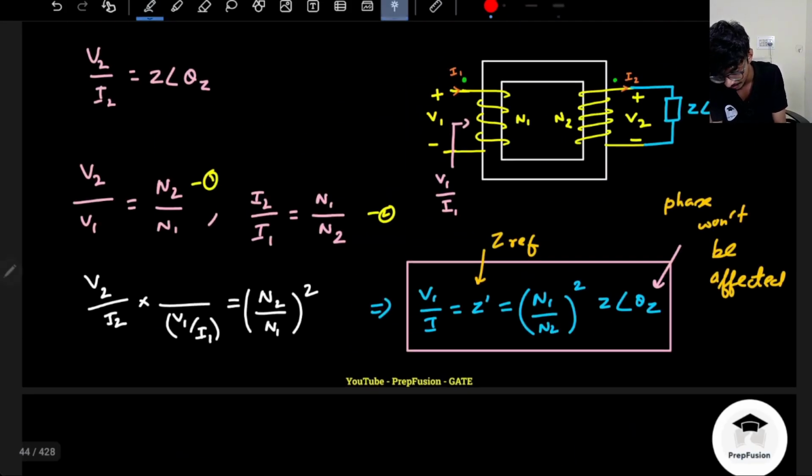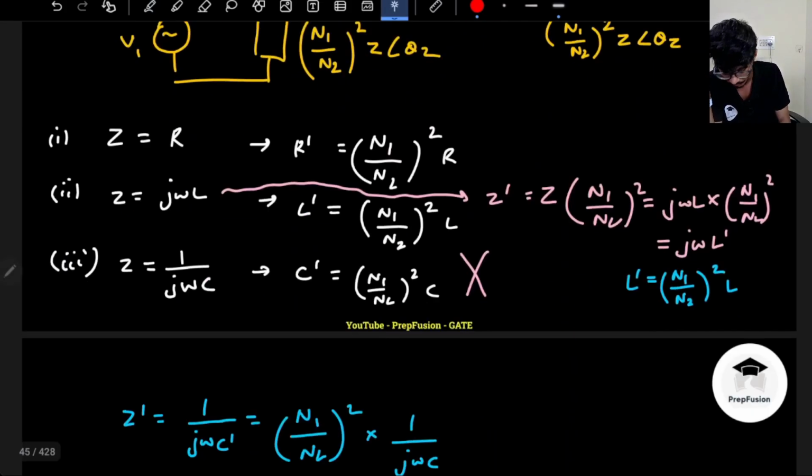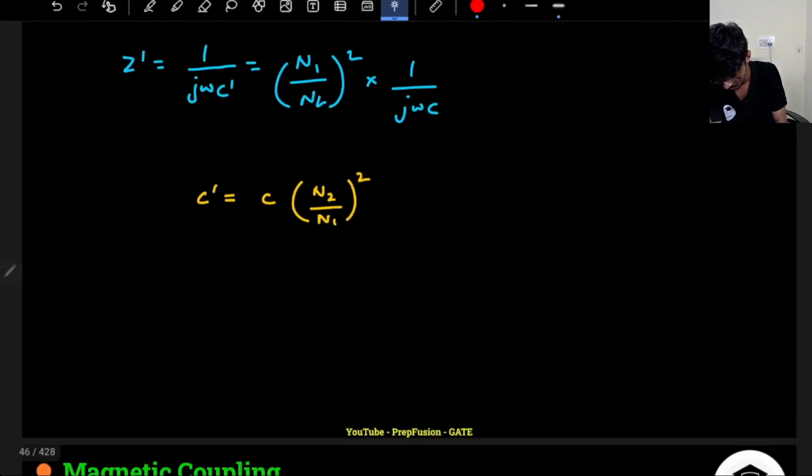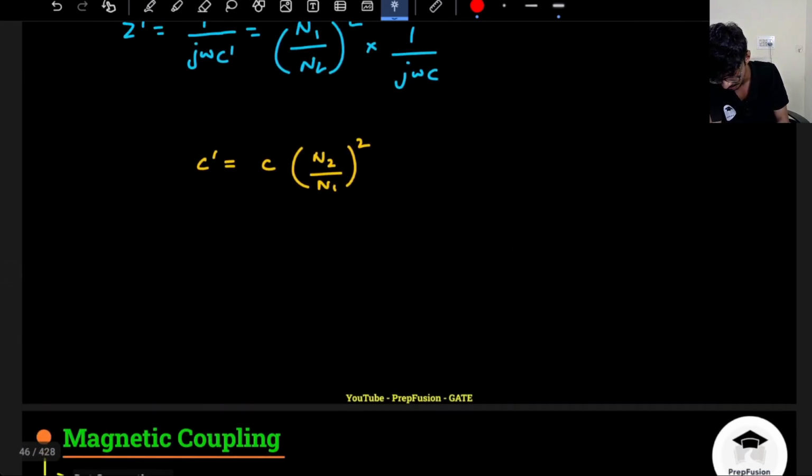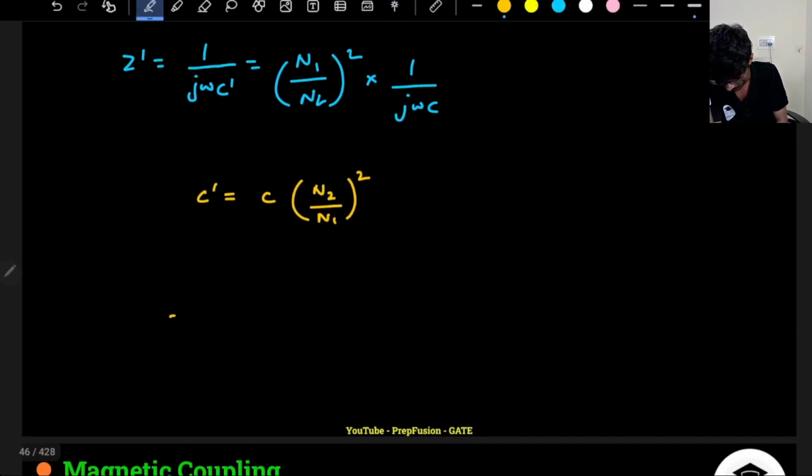How do you remember the referred impedance? You remember it like this: just remember the impedance one, others you can derive, right?